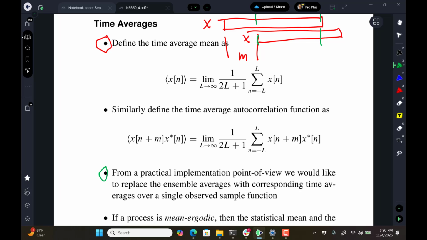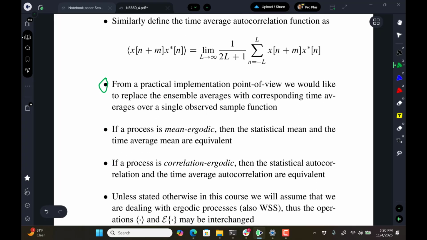We're actually only getting one sample function that we look at and take our measurements from. Our theoretical model has an assumption about an ensemble. So can we do that? In other words, can the ensemble averaging we were doing with the densities and so on be replaced by a corresponding time average over just a single sample function?